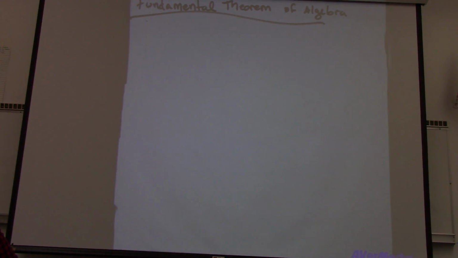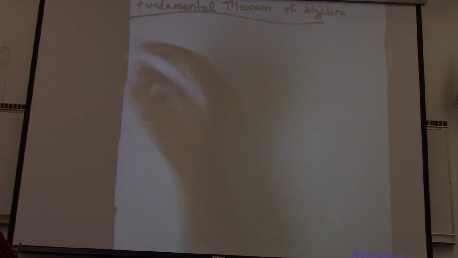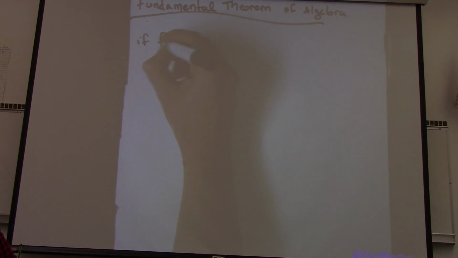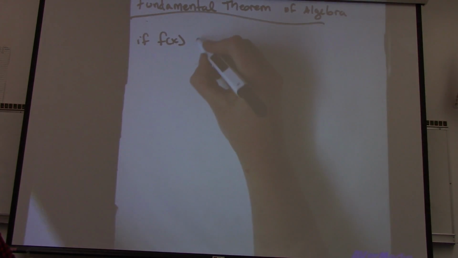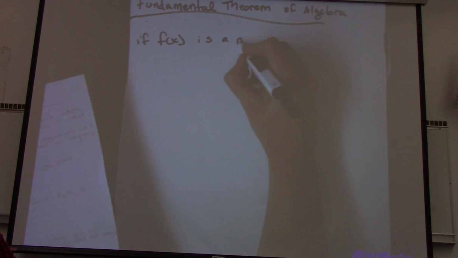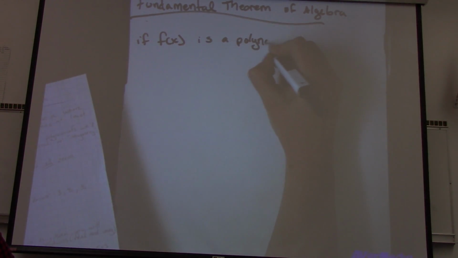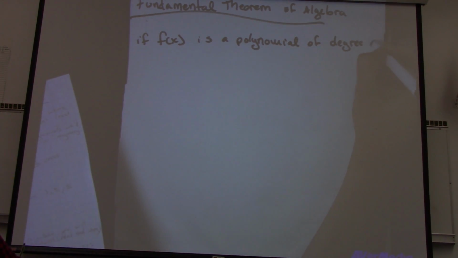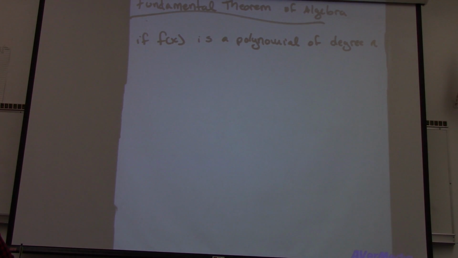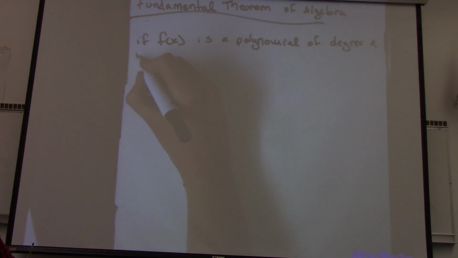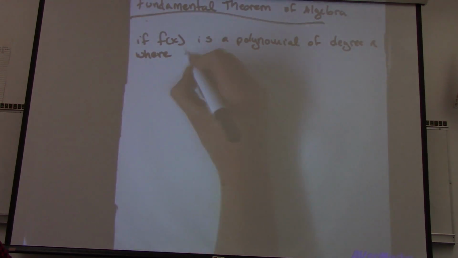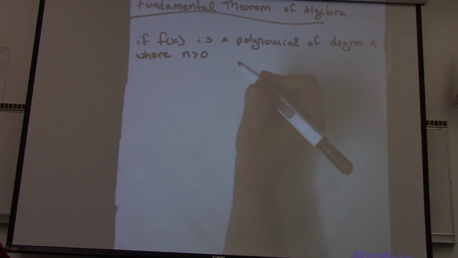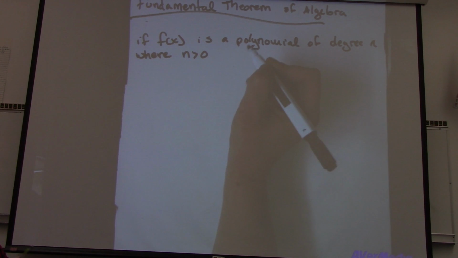The fundamental theorem of algebra, all that states is if f of x is a polynomial of degree n. In other words, they just gave me a generic degree, where n is going to be greater than 0, meaning it has to have a degree.